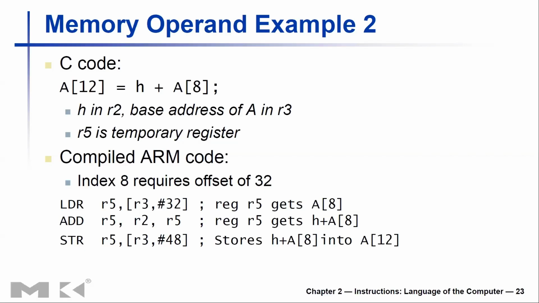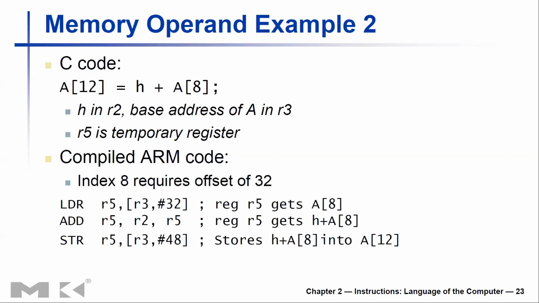Earlier we were not storing the result back in main memory, because the result was stored in just a register, but here it's also going to be stored in another array element. So the array we have here is the same array A, and H is in R2, base address A of A is in R3, and R5 again is a temporary register.